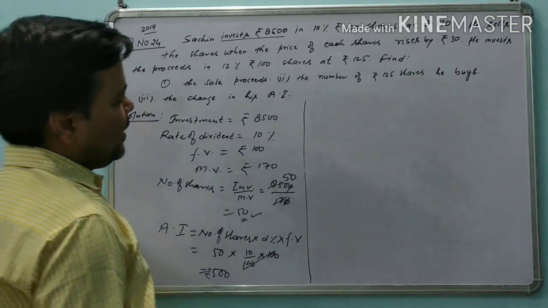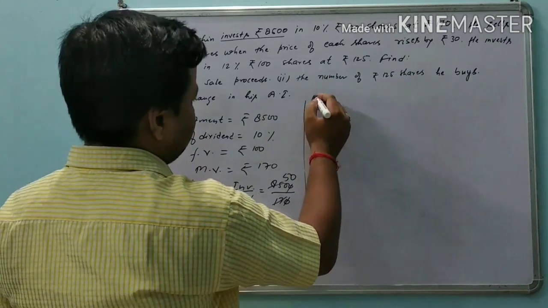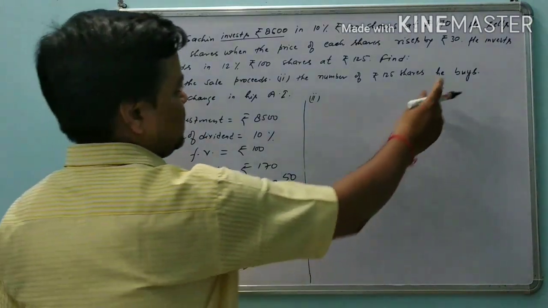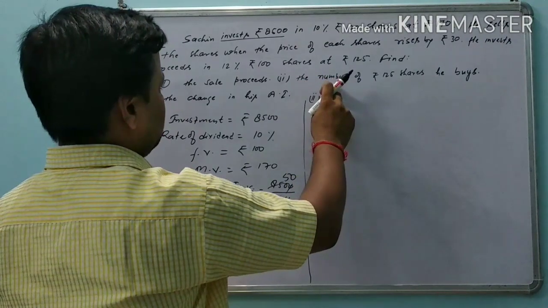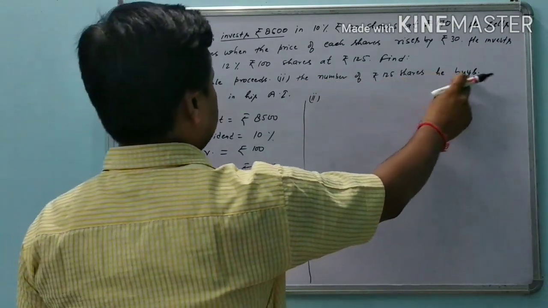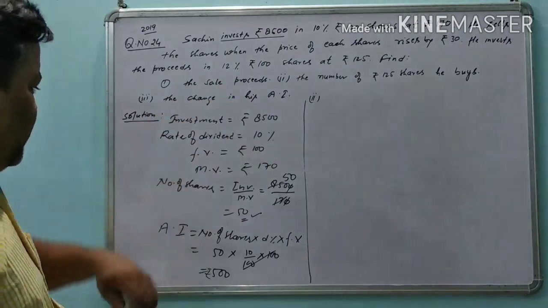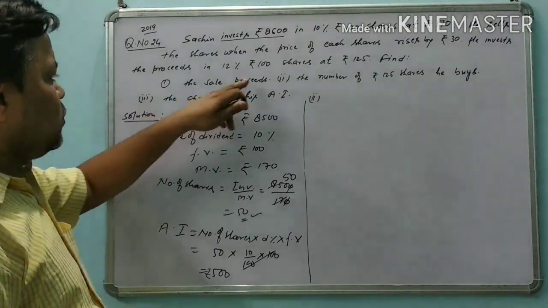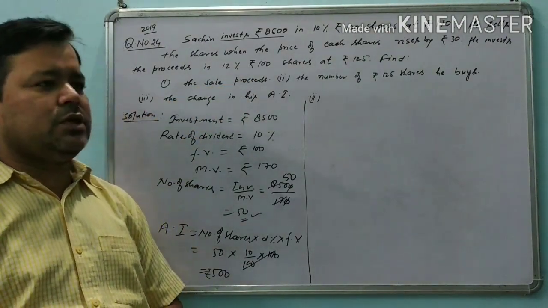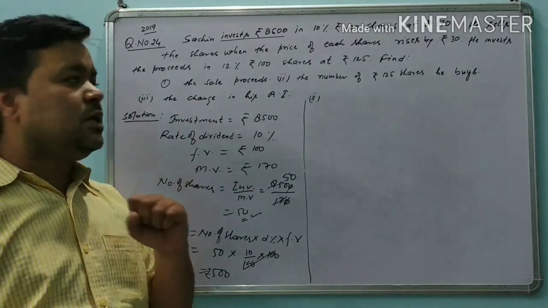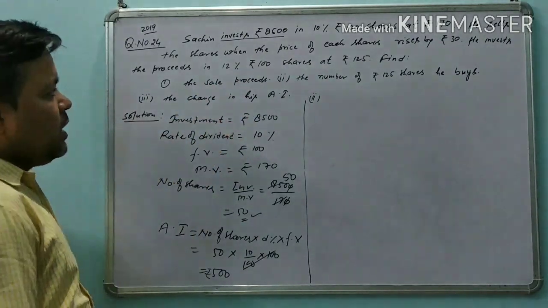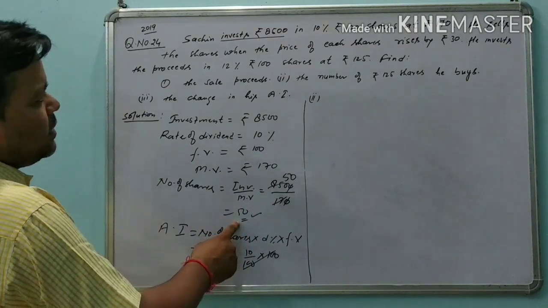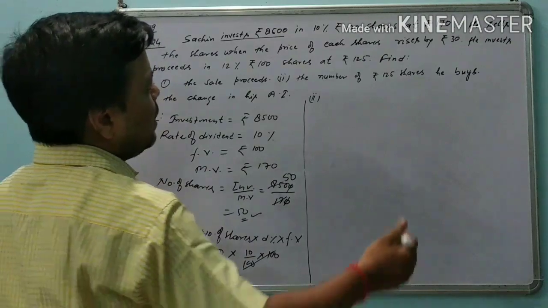Now, the second part of the question is the number of rupees 125 shares he buys, and the sale proceeds. First of all we should understand what is the meaning of sale proceeds. Sale proceeds means if he sells these 50 shares at the new market value.